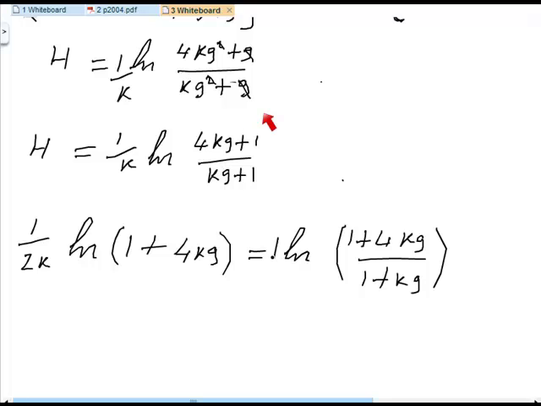And there is still a k here. And now the k's cancel.